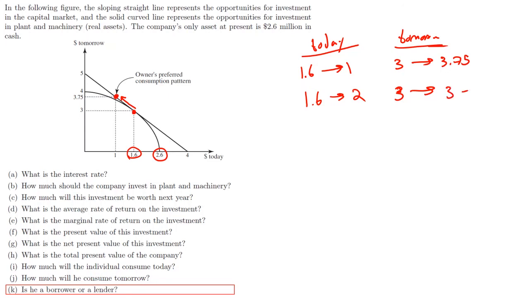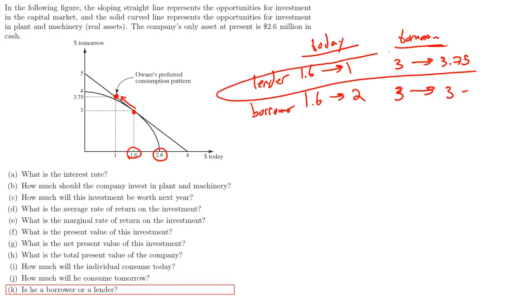In this world, because he has 1.6 and then 1, he's a lender. In the world that he would have had 1.6 and moves to 2, well, that makes him a borrower, right? Because he wanted more today. So in this scenario, this individual is a lender.